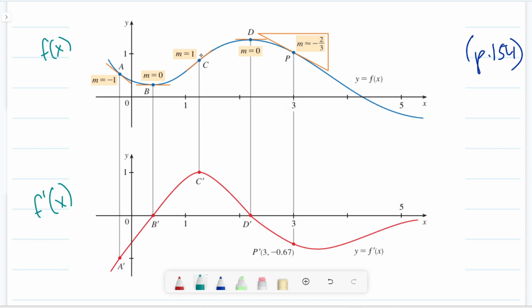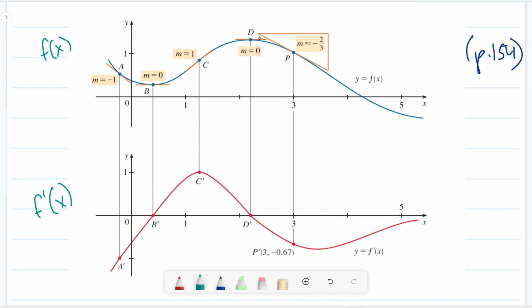Now let's look at point C. The tangent has a slope of 1. It's increasing. So in the graph of f prime of x, at point C, we have a value that's positive.